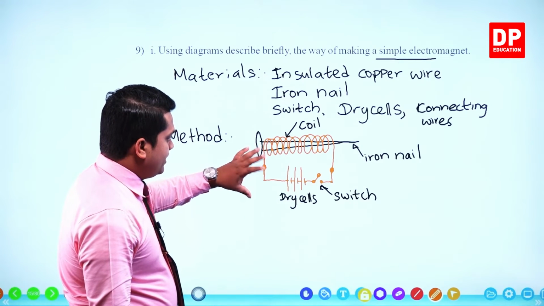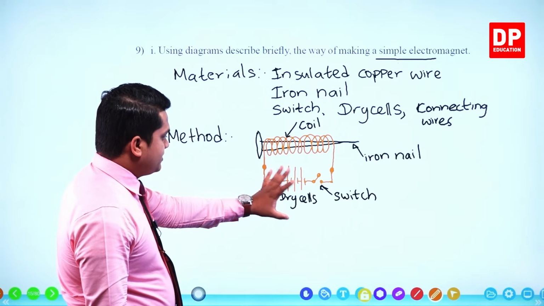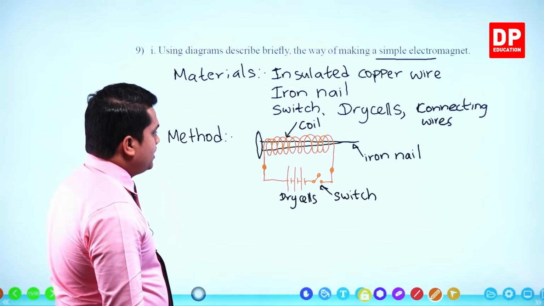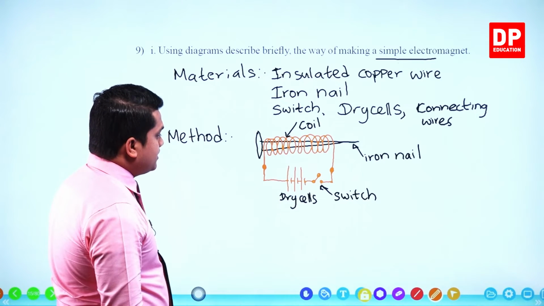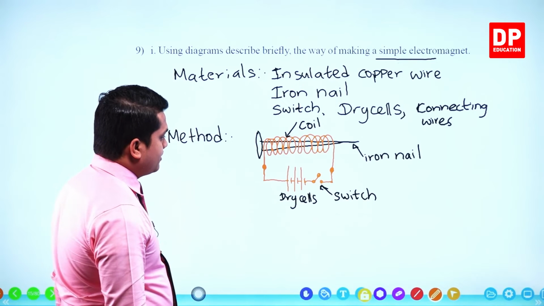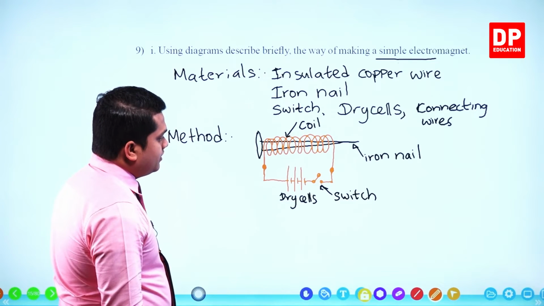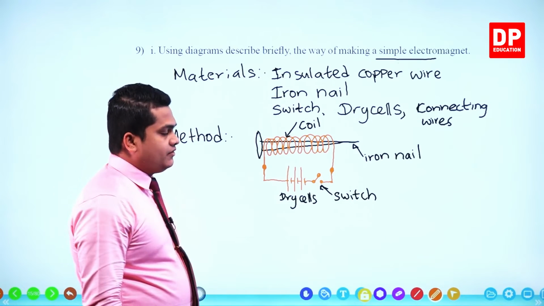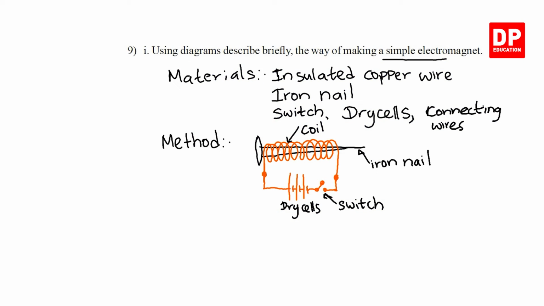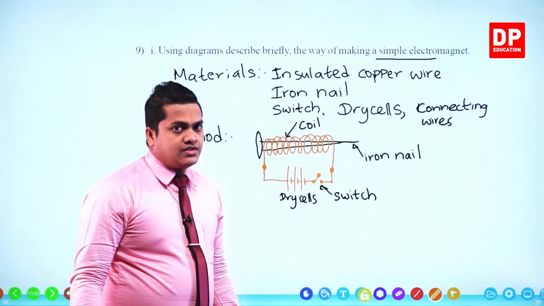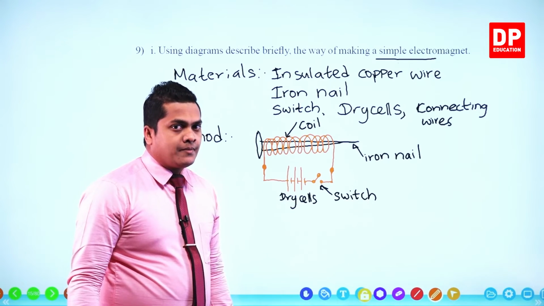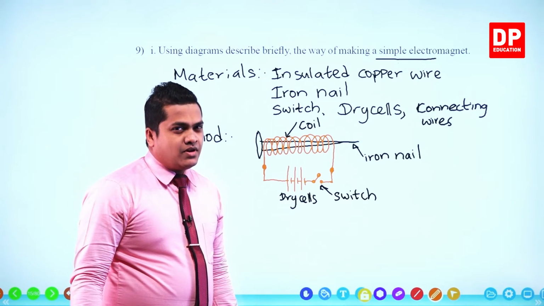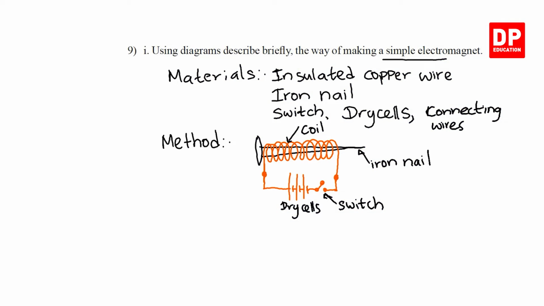Then we have to clean the two ends of the coil and fix it to the circuit as per the diagram. Then what do you have to do? Turn on the switch, and if you want you can place this setup near some drawing pins and see what's going to happen, right? So they're asking about only the method. I have drawn the method.